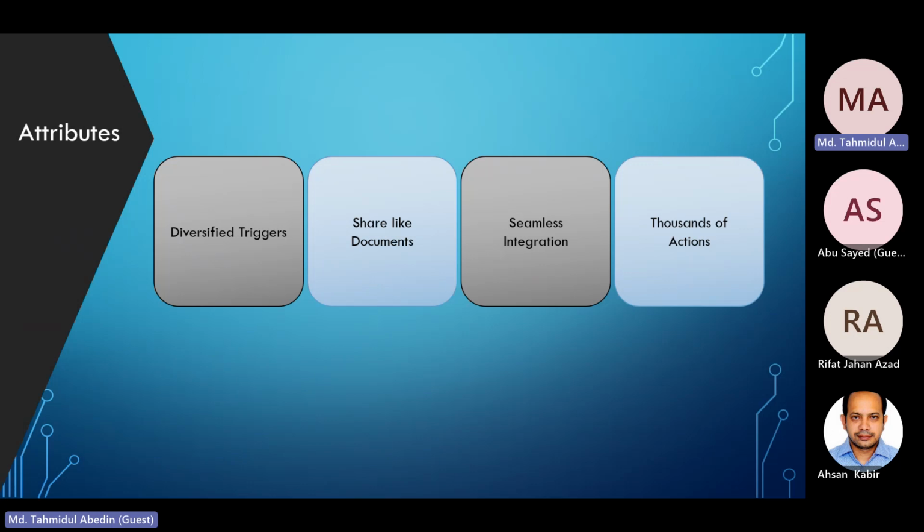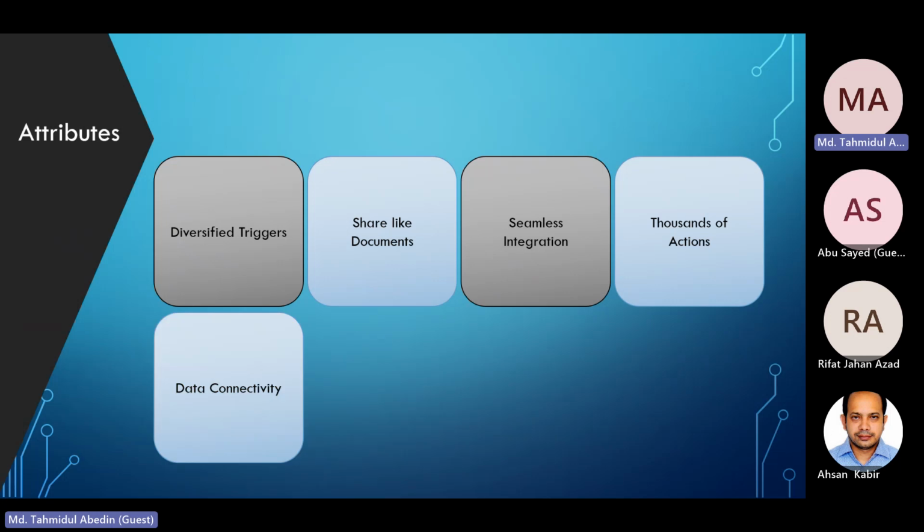And there are thousands of actions provided. Actions means sending emails, taking approvals, sharing documents, and copying documents, lots of things. Provided actions are for Microsoft products as well as non-Microsoft products. Like you can send email from a Google email, and you can read from a Google email just like that.